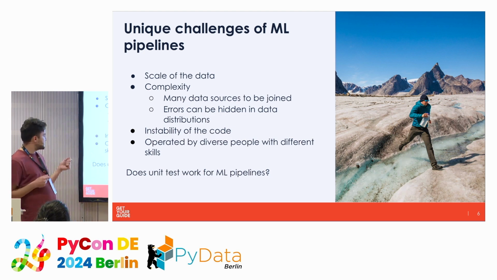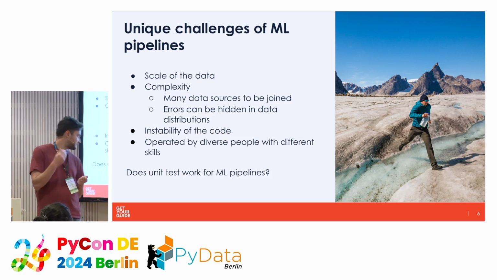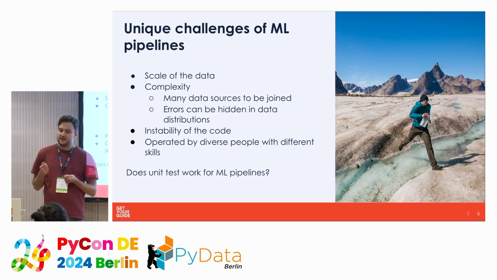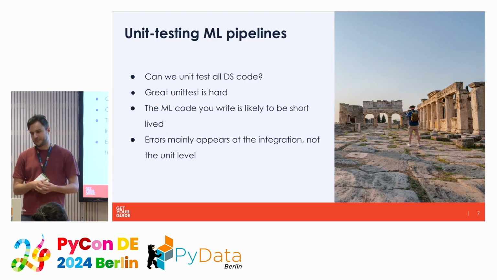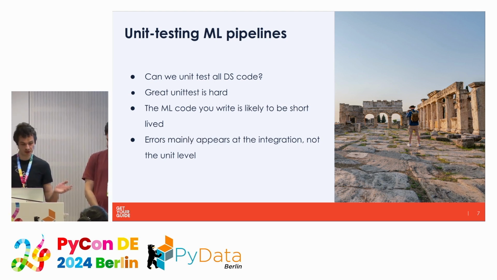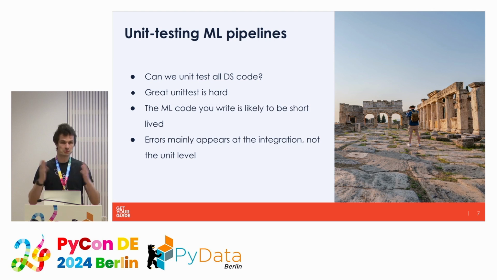Now, let's transition to testing. The usual first thing that comes to mind is unit tests. And we want to answer the question: does unit testing work for ML pipelines? Indeed, we first tried to replicate the classical mindset of software. Let's write unit tests for that. Sounds easy.